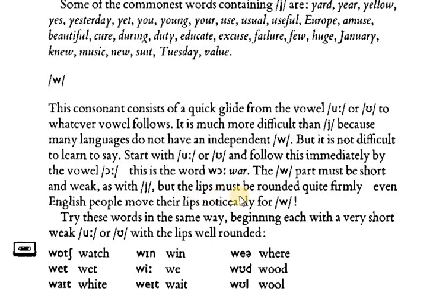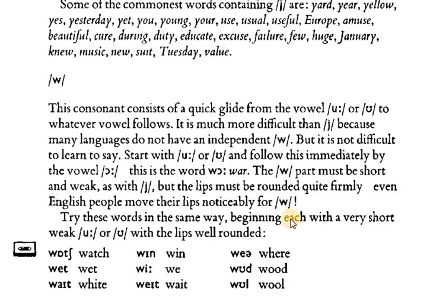But the lips must be rounded. With ye the lips were spread; now they are rounded quite firmly. Even English people move their lips noticeably when pronouncing the sound we.